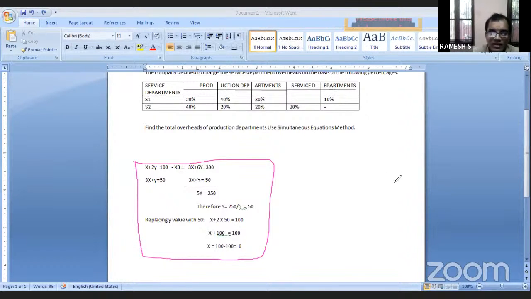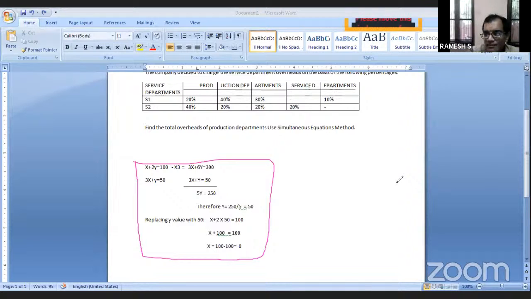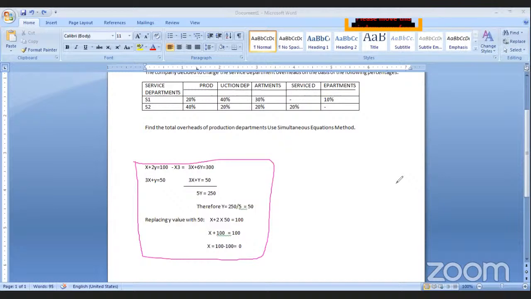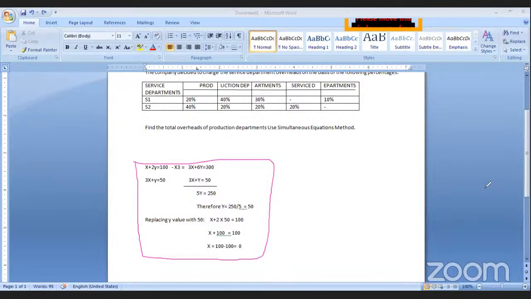Please remember, when I am solving a problem, you do not copy it as it is. Afterwards, I will give time, then you note down. Otherwise, you will not be able to understand how it came. When I explain, you just look at the screen. That's all. Okay, sir. 2 minutes time I will give. Please note down.